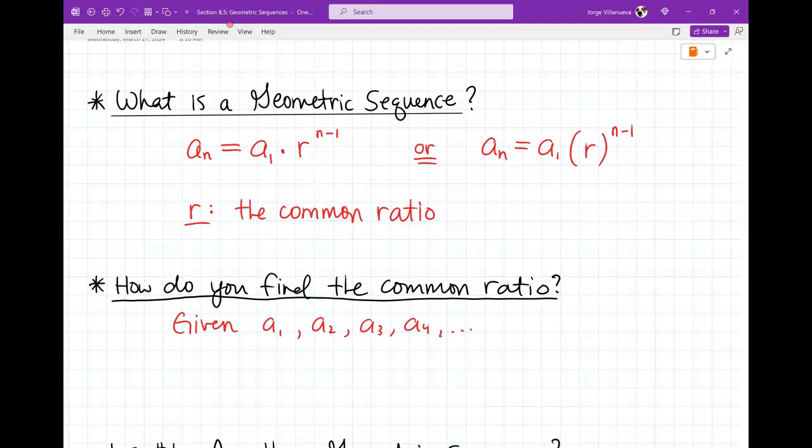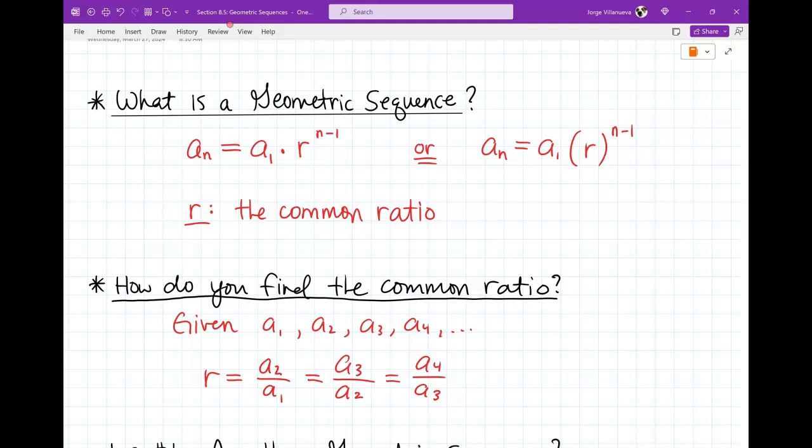You can use any one of these combinations: a sub 2 over a sub 1, or a sub 3 over a sub 2, or a sub 4 over a sub 3. Notice it's the number to the right divided by the number to the left, so a sub 2 divided by a sub 1.